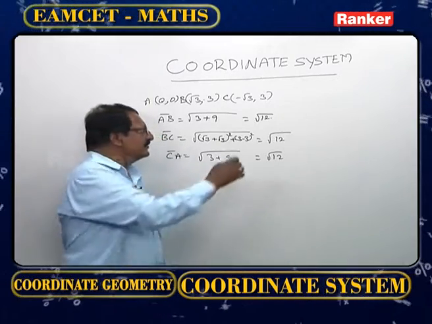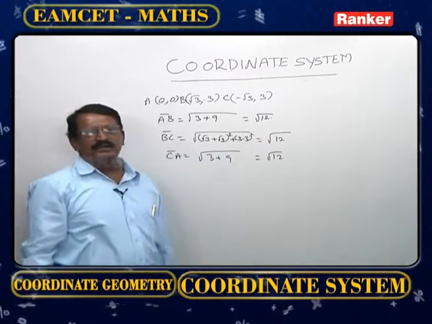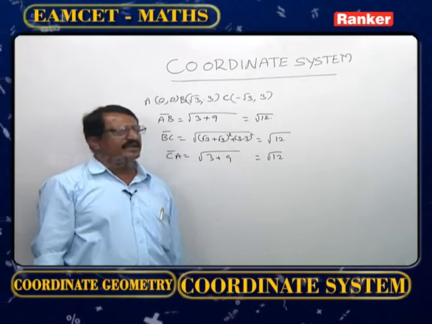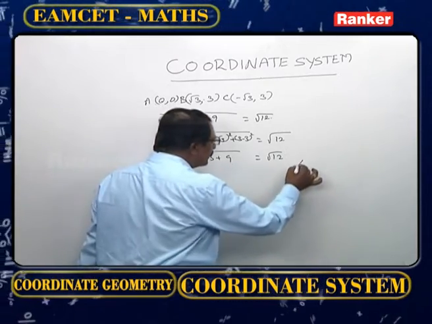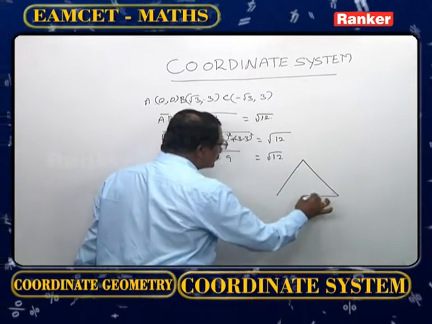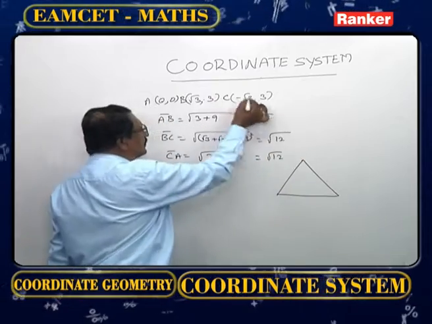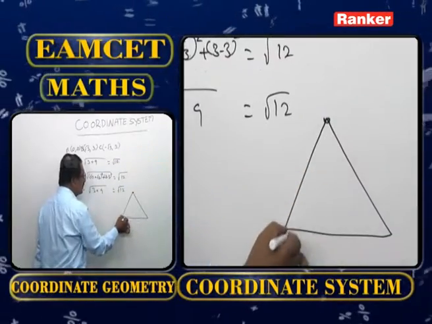The lengths of the three sides of the triangle are equal, so the triangle formed by the given three points is an equilateral triangle.